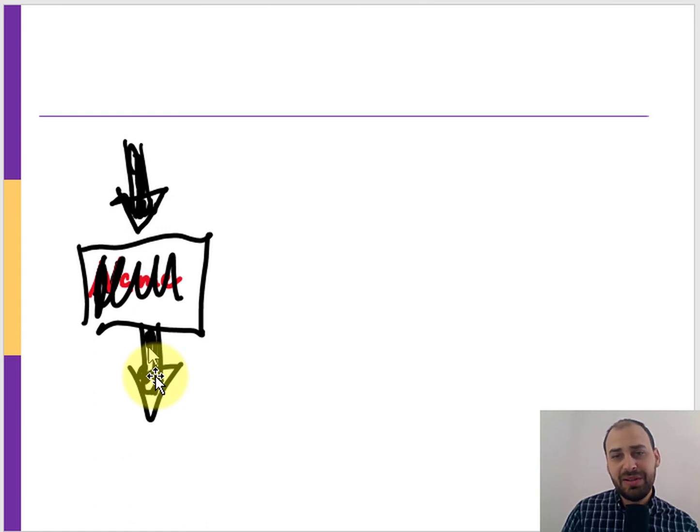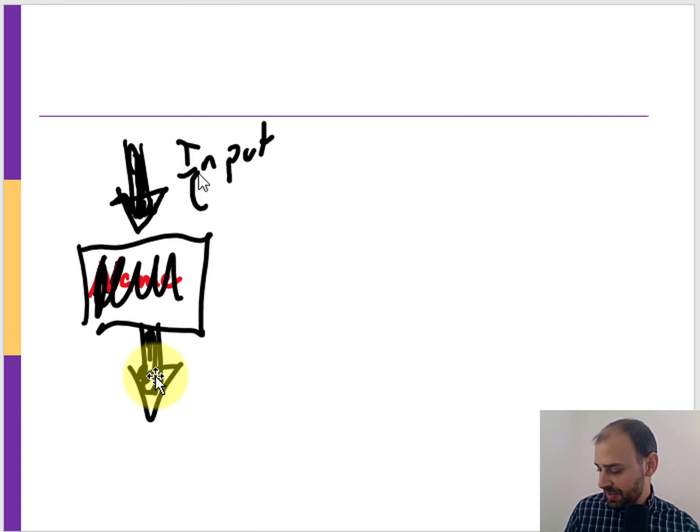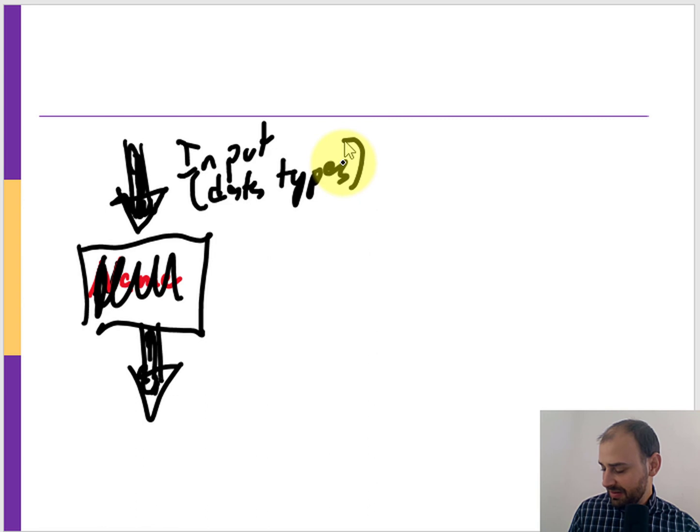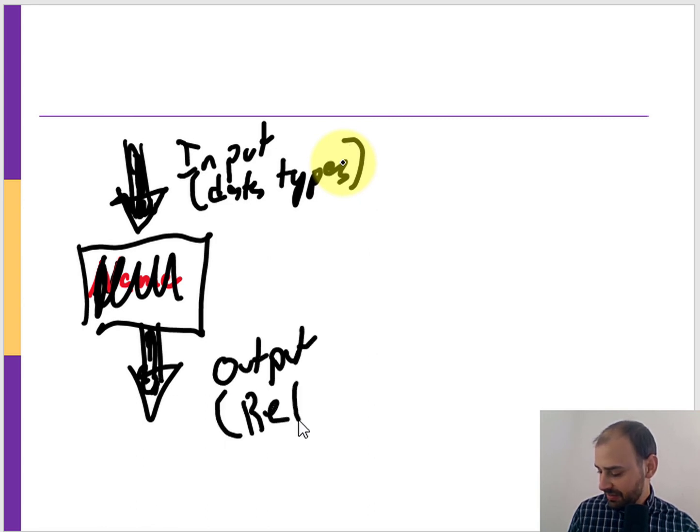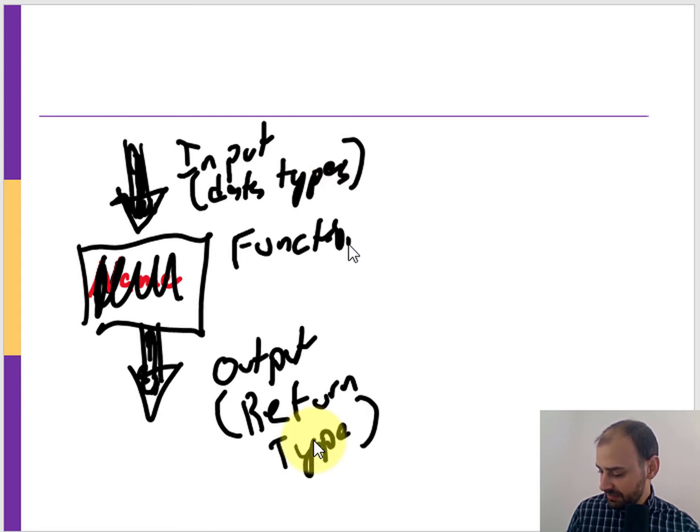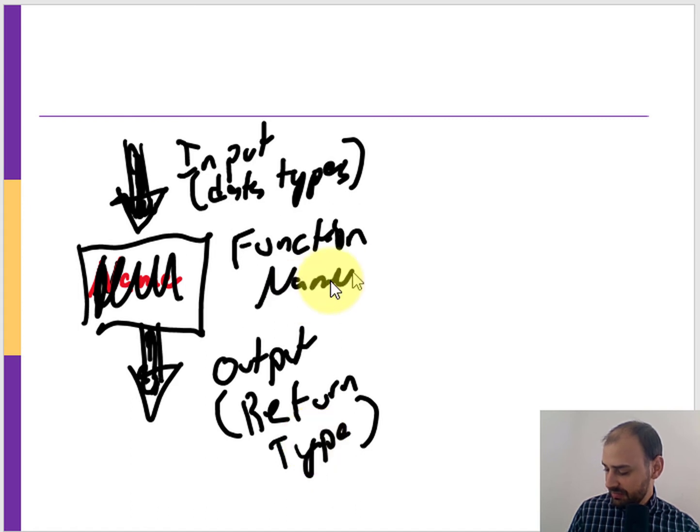Inputs, more specifically the data types of the inputs. The output, the return type. And the function name. That's what defines the function header.